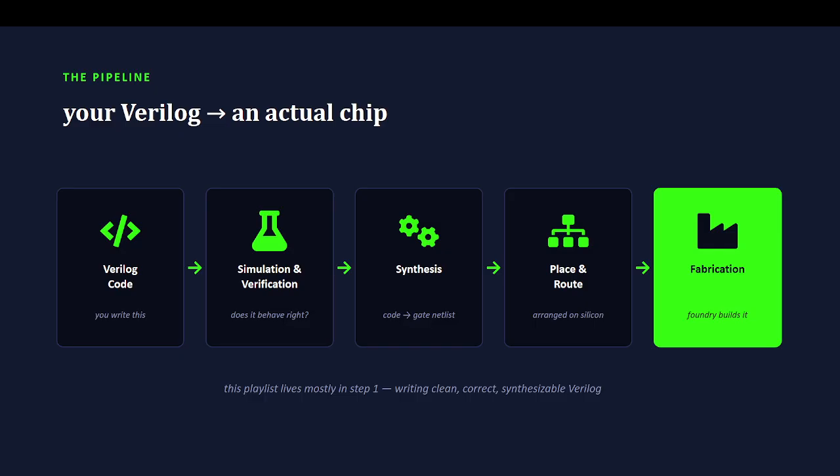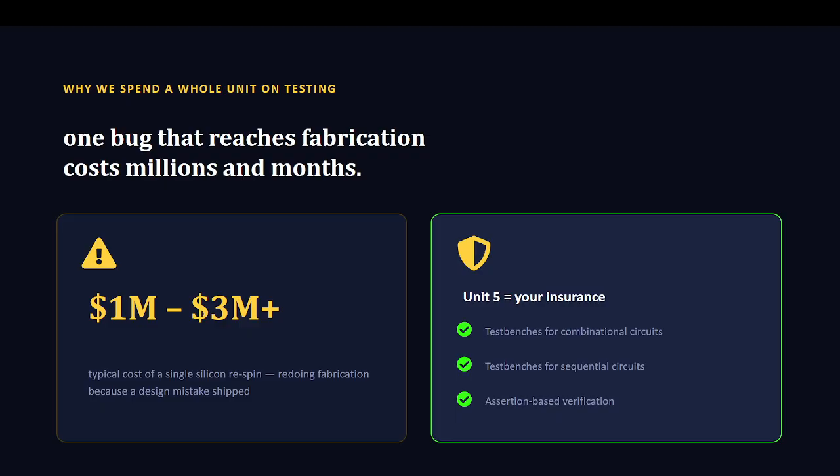Now here are the stakes, and this is not dramatic. This is literally the industry. If a mistake in your design slips all the way through fabrication, fixing it doesn't mean control Z. It means remanufacturing the physical chip. That's your $1 to $3 million mistake, and months of delay.